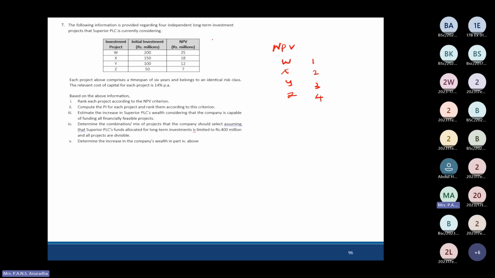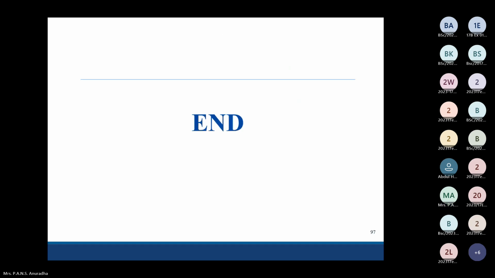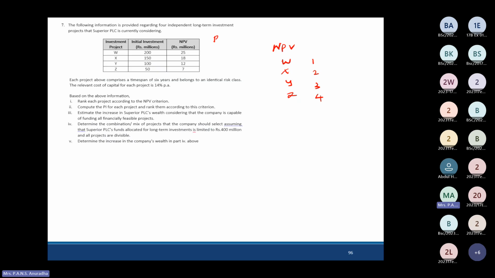So calculate the profitability index here. What is the profitability index for project W? It is 1.125.